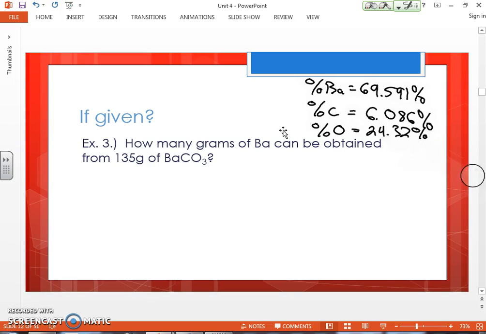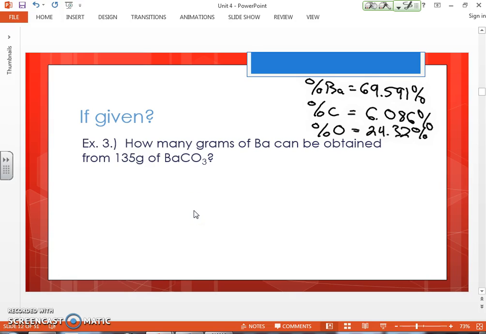So if I have 135 grams of it, 69% is going to be barium, 6% of that mass is going to be carbon, and the final 24% is going to be oxygen. So for this question, if you already have the percent composition of this compound, we're just going to go ahead and use it.